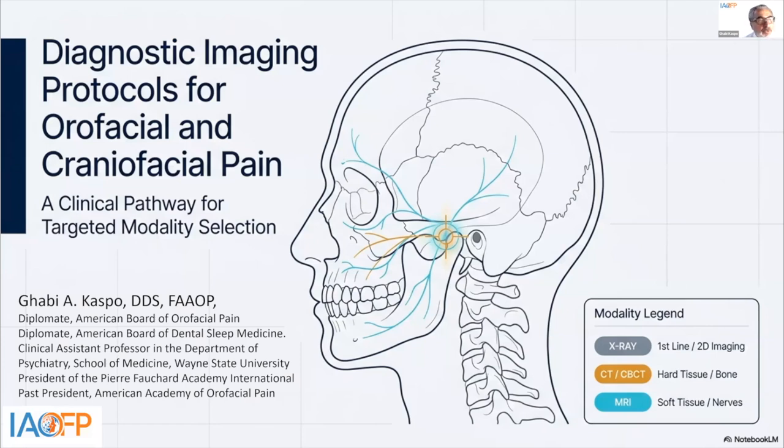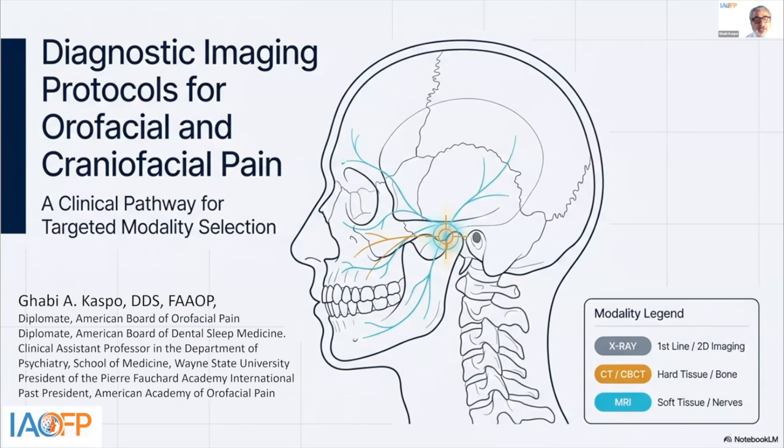So with orofacial pain, we know that a dental cause typically has a very high prevalence. First of all, we have to look at what caused the pain. Typically, we need to do 2D X-rays to start with, and when a more detailed assessment is needed, we can move to 3D imaging like CBCT or CT.